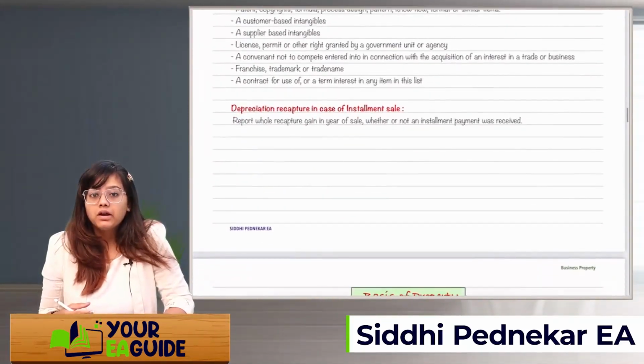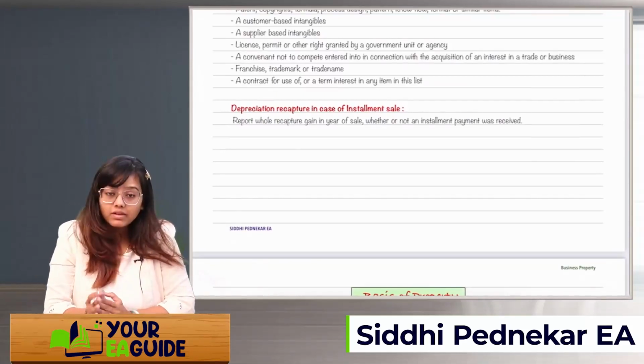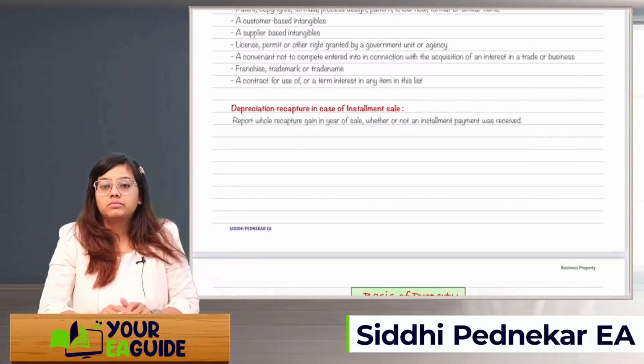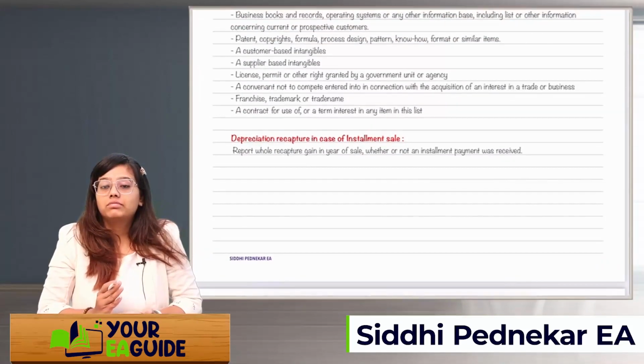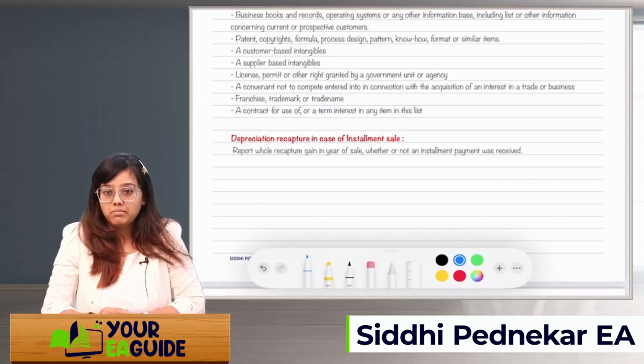Okay, now depreciation recapture in case of installment sale. If there is an installment sale, remember this thing, if the asset is sold, then there is an option to the buyer that you can pay the amount on installment basis.